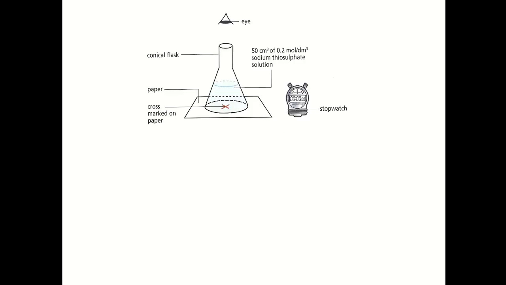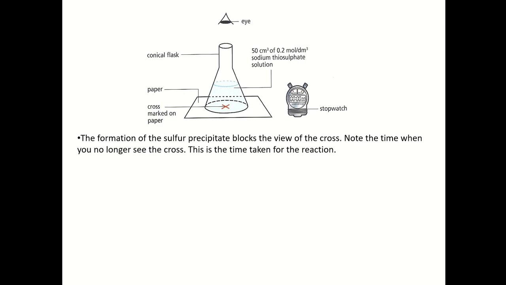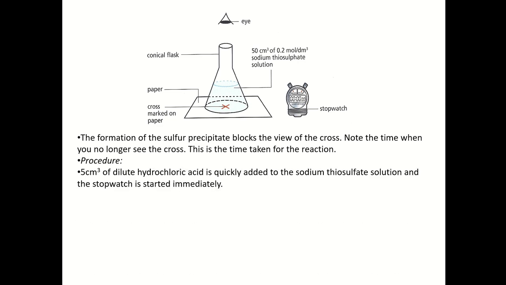So what we do is we do a setup like this, where you have your reaction solution, the sodium thiosulfate solution inside a conical flask. And to help you have a better observation, you can actually put it on a piece of paper with a cross marked on it. So the moment you add in the acid to the sodium thiosulfate solution, you start the stopwatch.